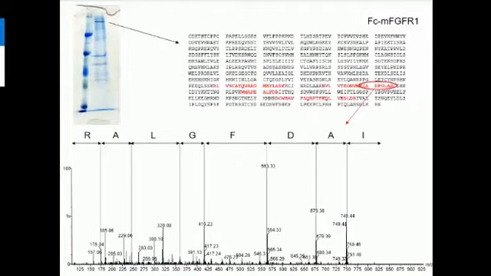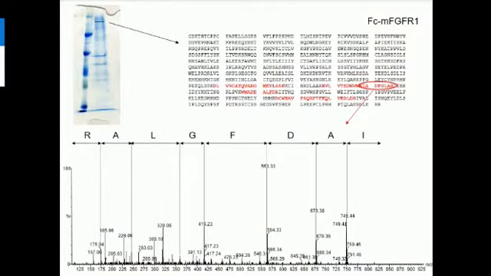Right, so this is a real example. This was a band that was cut out from a 1D gel, okay, and then digested and subjected to this, we call it LC-MSMS, so that's liquid chromatography tandem mass spectrometry.